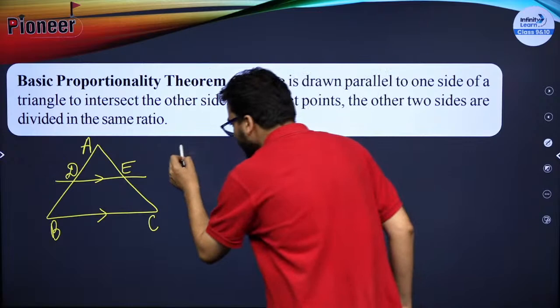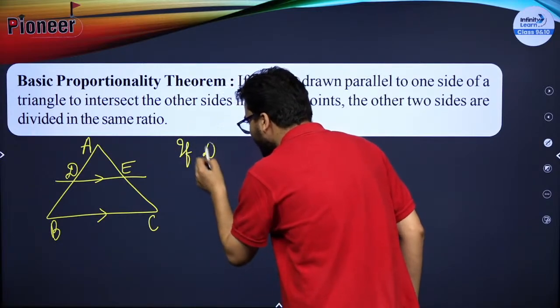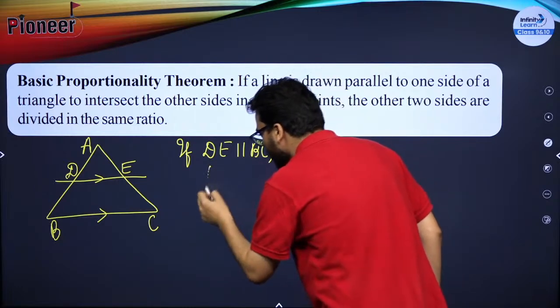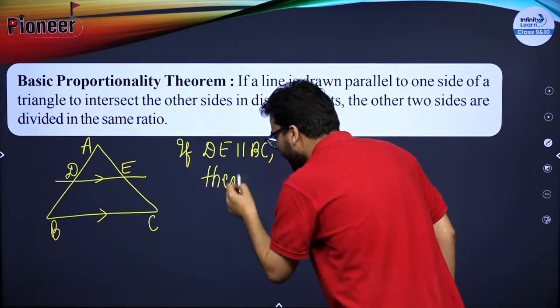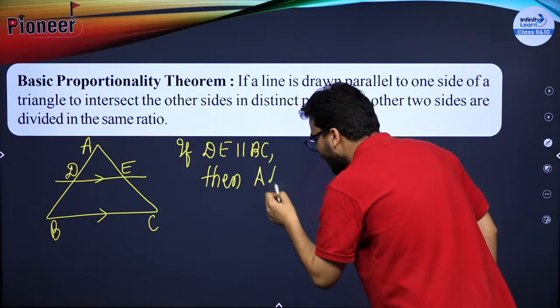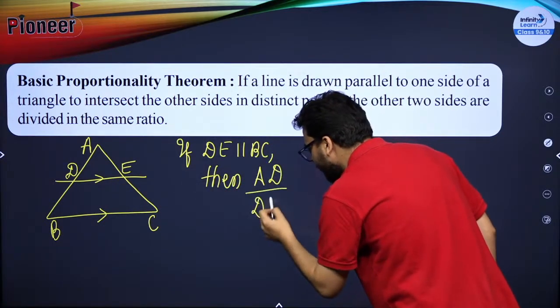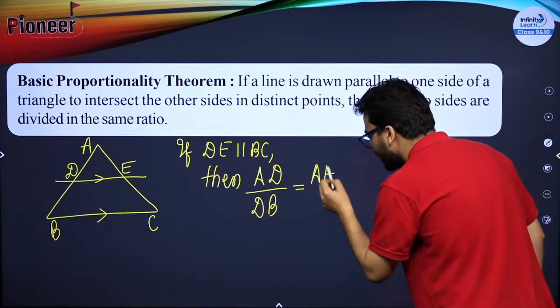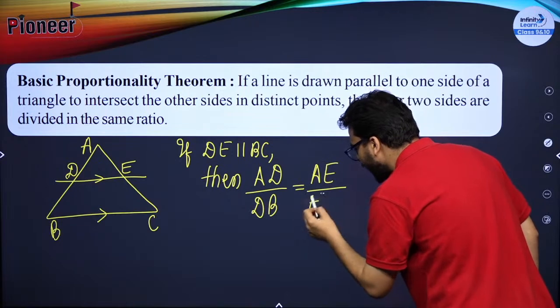Then AB and AC are divided in the same ratio. It means if it is given that DE is parallel to BC, then it can be concluded that AD by DB is equal to AE by AC. So that is the basic proportionality theorem.